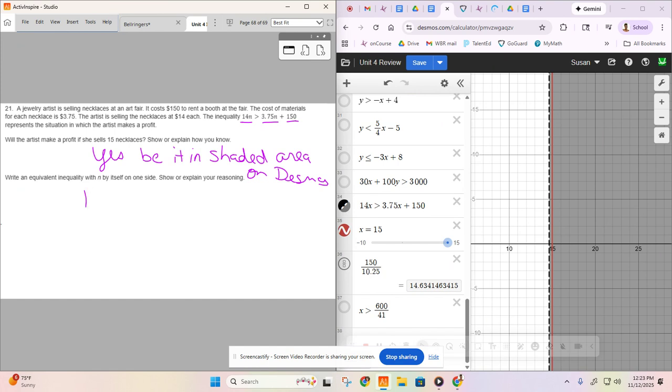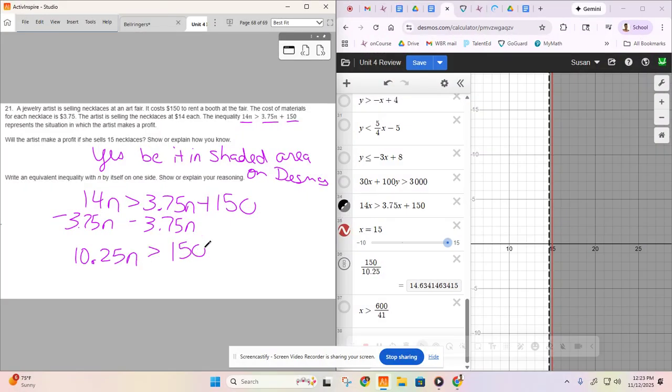All right, another word, never mind. Let me just set this equal to n. All right, now I'm going to subtract 3.75 n on both sides. And that gives me 10.25 n is greater than 150. Next thing I do, divide by 10.25.